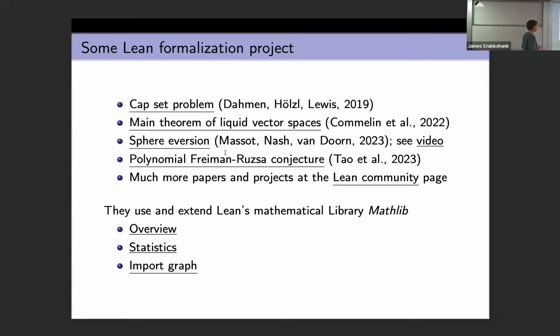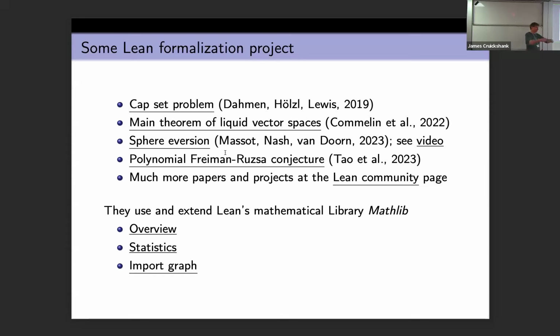Again, if you're interested later, you can click links in the slides or I can show it to you later. Then there's also the polynomial Freiman-Ruzsa conjecture. Tao and many others proved this famous conjecture, and then Tao said, okay, let's formalize this, and lots of people in the Lean community jumped in and said, oh yeah, that sounds like a nice idea, and within a month or so, do you remember?